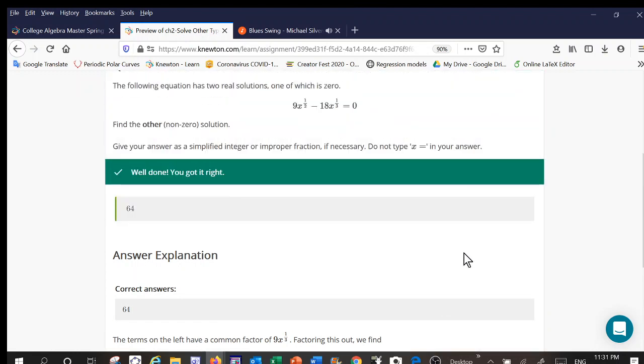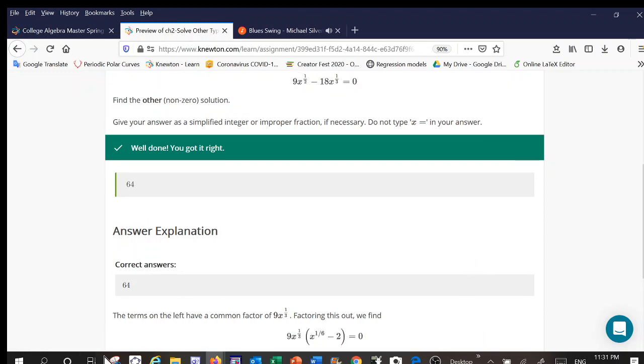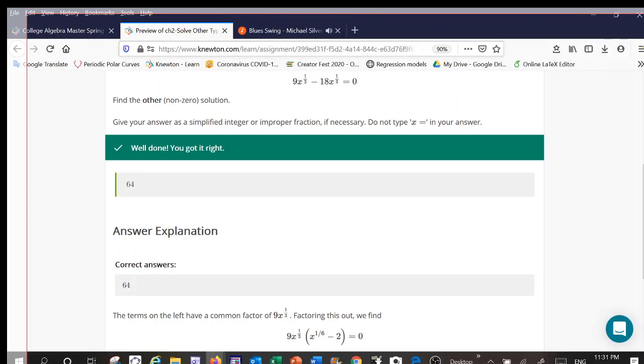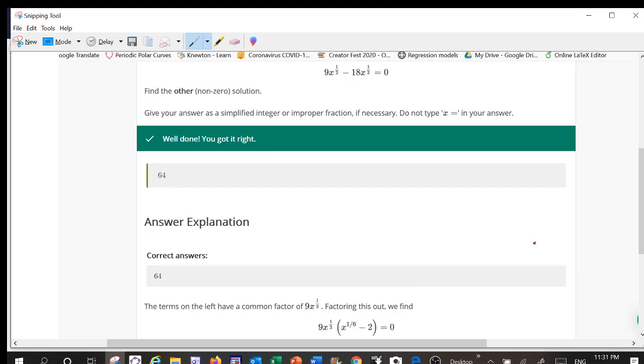The original one was, let me write it here. I want to get both of these. Let me just do this one too. So you see, if I take 9x to the 1/3, factor that out.